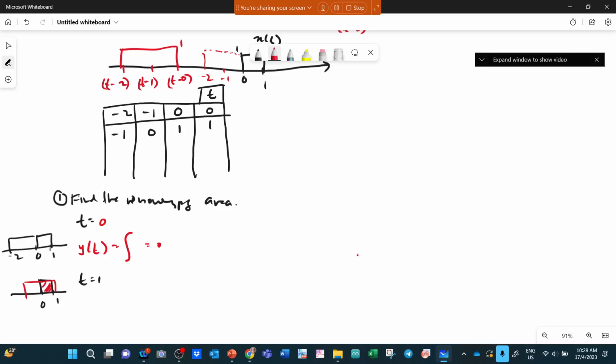So overlapping dia adalah between 0 to 1 sahaja. So here is that your value is y(t) equivalent to integral from 0 to 1, 1 times 1 d tau. Kebetulan for this case the amplitude dua-dua satu. So you get 1.